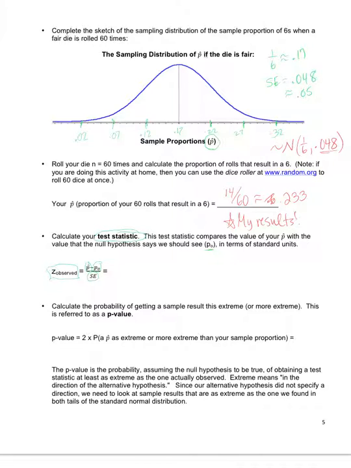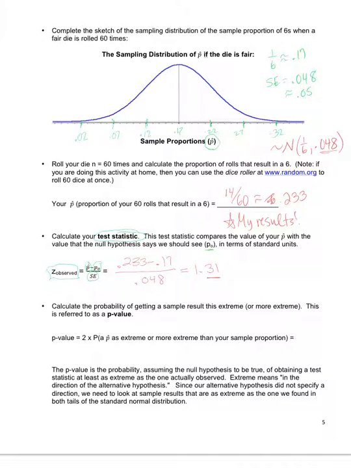All right, so for my results, I take 0.233 minus 0.17, divide by the standard error, and I'm going to use the more exact one, and that gives me a z-score of about 1.31. And I'm going to round to 2 digits here, just like we did before, because that's how our table is set up to accommodate.